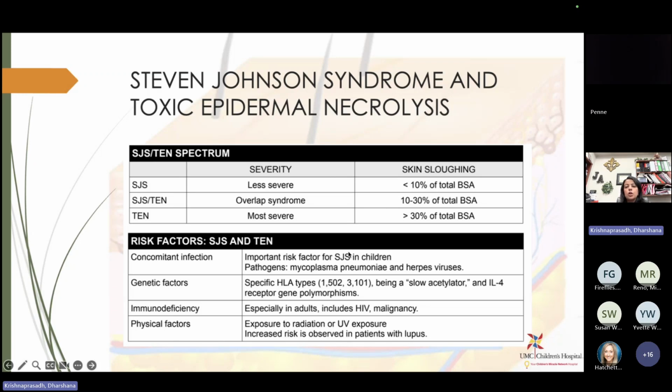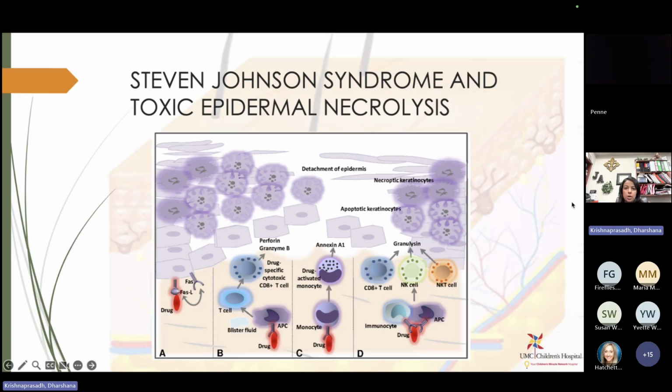Some viruses like mycoplasma and herpes can also tag team along with SJS and TEN. You do have specific genetic factors that can affect it, and then immunodeficiency like HIV and malignancy can also worsen these conditions. Sometimes exposure to radiation or UV exposure does increase the risk of these conditions as well.